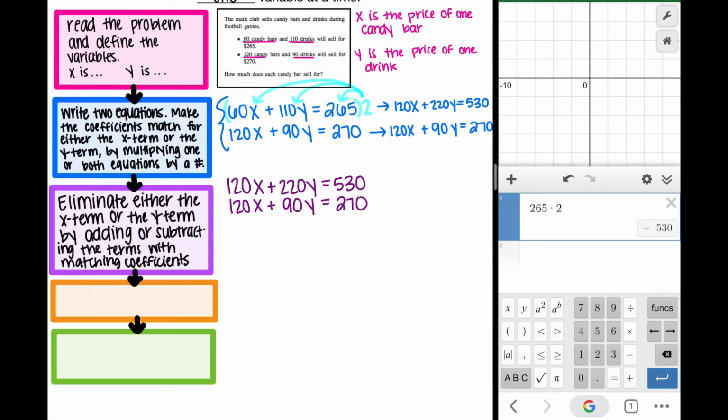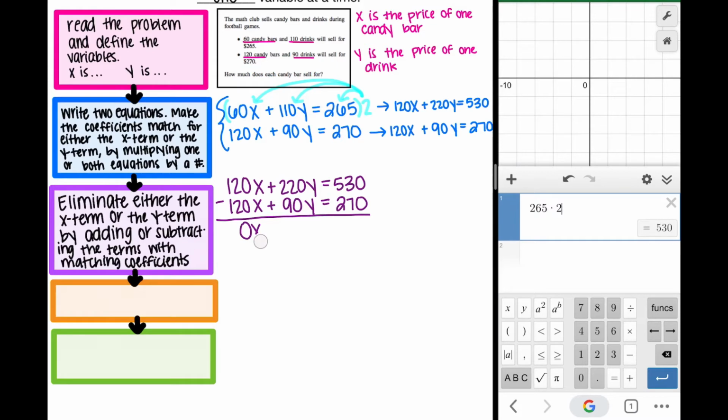If I were to add 120 plus 120, that would give me 240x. That's not what we want. What we do want is to subtract 120 minus 120 so that that becomes 0x.